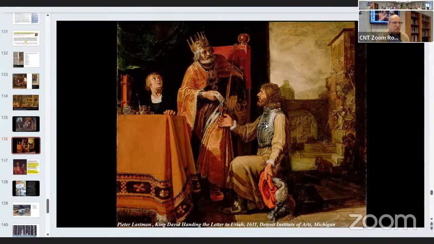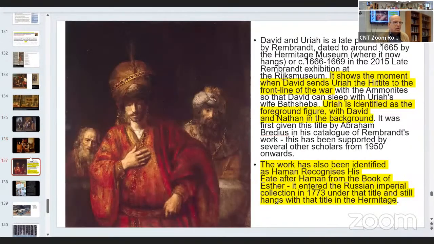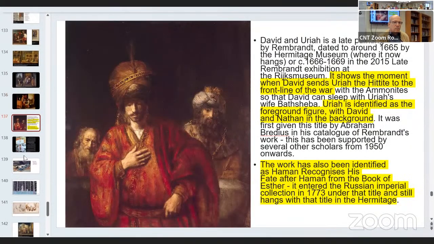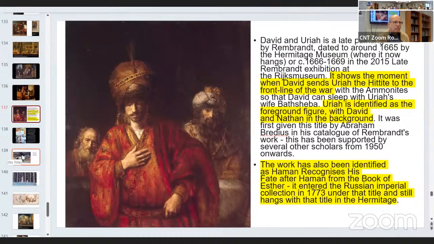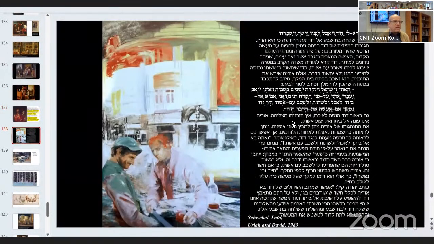And obviously, here's another interpretation of handing the letter. This is another interesting one. Okay, this is Ivan Schwebel, 1983. Here in a French city, they're over a glass of wine, these two artists, and one of them is David, and the other is Uriah.